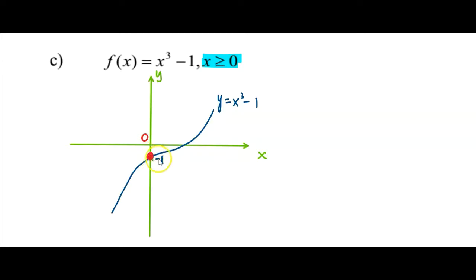I cut my graph at the point x equals 0, and since the domain they want is x greater than or equal to 0, we just remain this part. Okay, and the rest of it we will erase. Then after that you have already settled the domain. You can label your graph as y equals f(x).